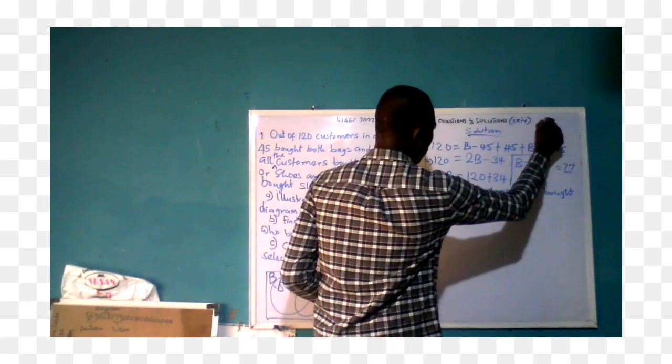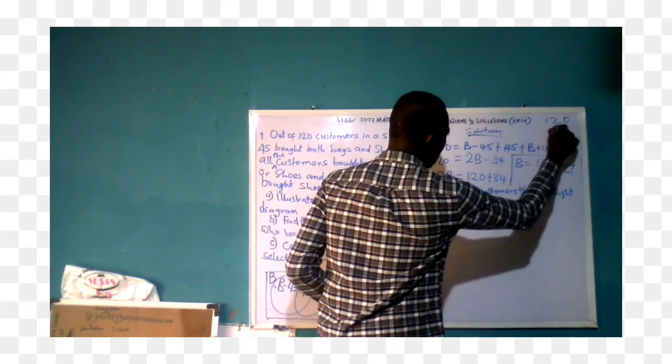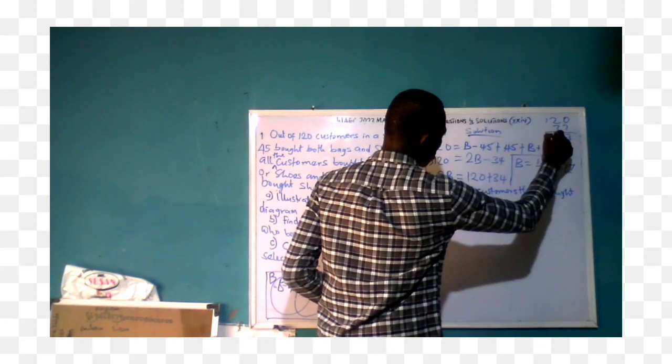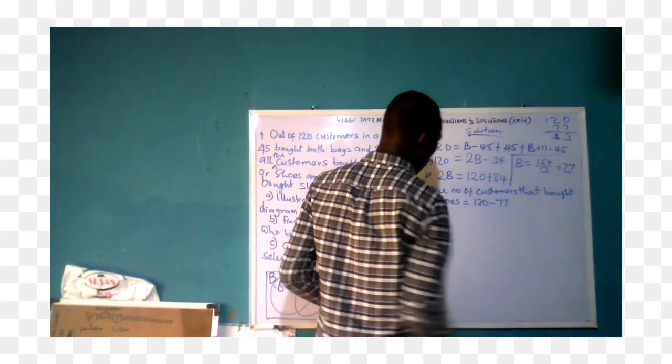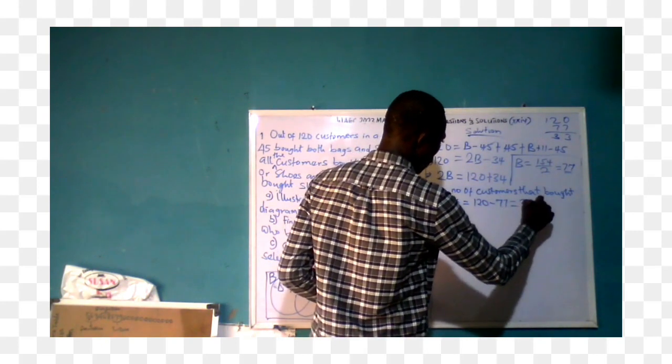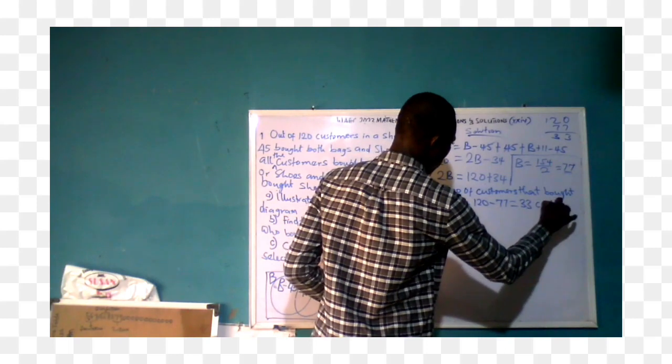If you do your calculation very well, 120 minus 77, you have 3 there, then you have 11 minus 7, that is 3. That will be equal to 33 customers.